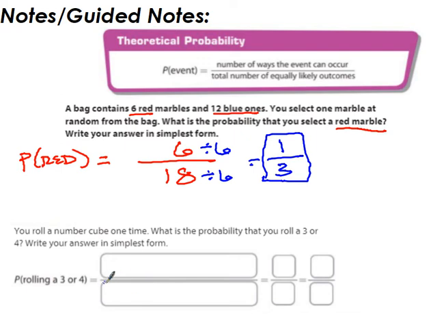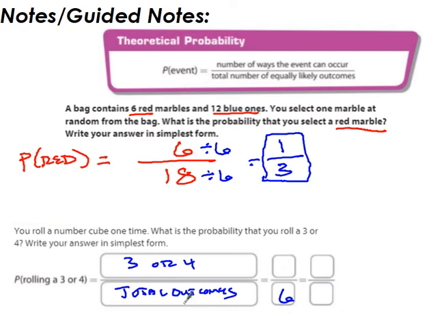Whenever we roll a dice, 3 or 4 is my numerator, and my total possible outcomes is my denominator. How many total possible outcomes are there when you roll a dice? There's 6.